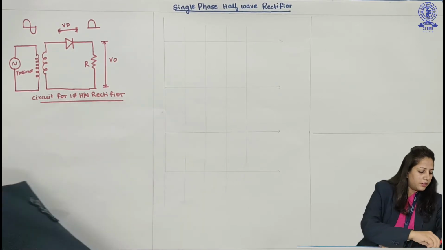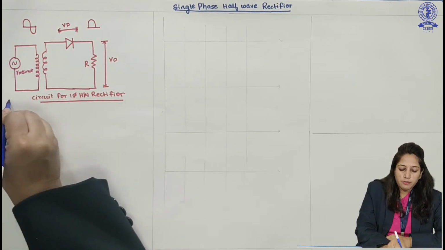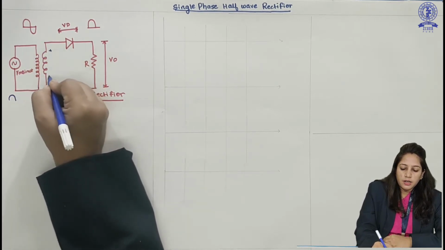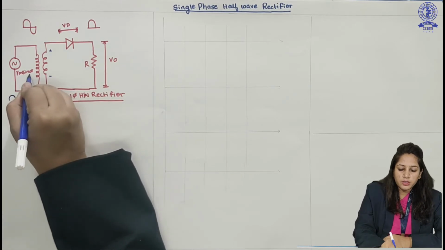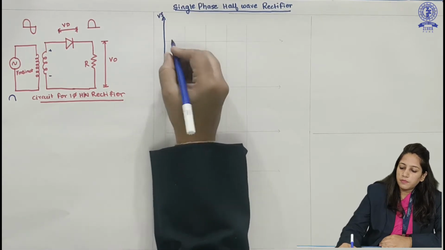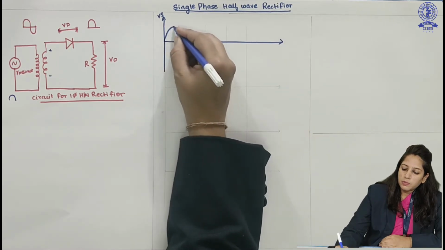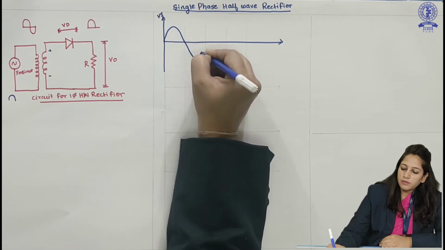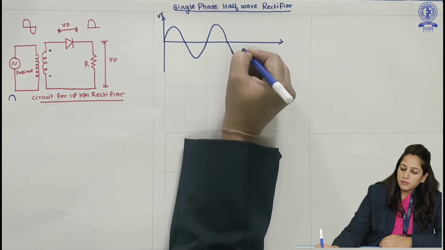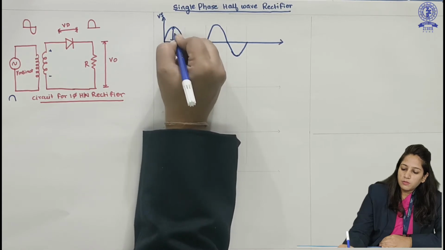Now we will see how the transitions are. For example, for a positive half cycle, if I apply a positive half cycle here, it will be plus and minus. Whatever the input wave will be, I will draw here the input wave as Vs. The input wave will be a simple sine wave with a peak value Vm.